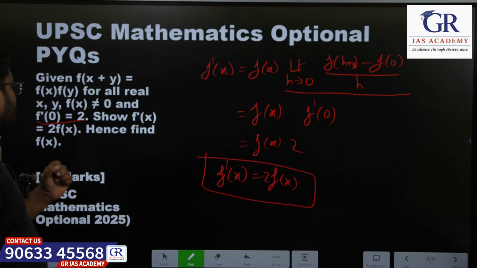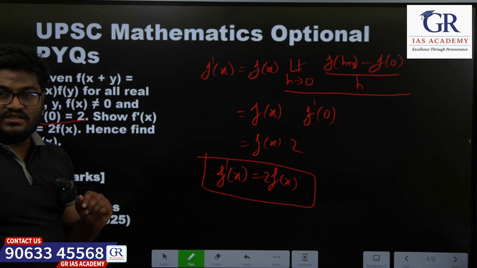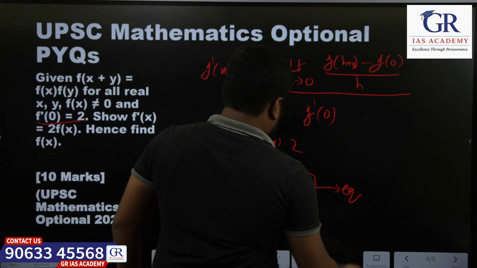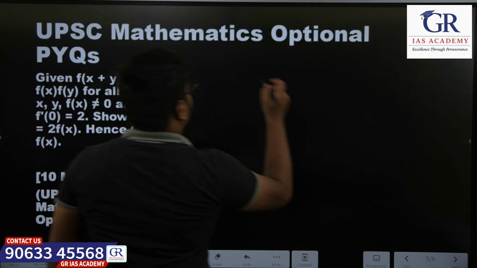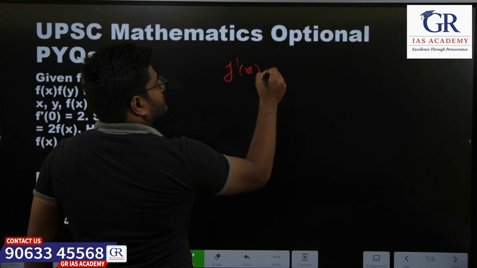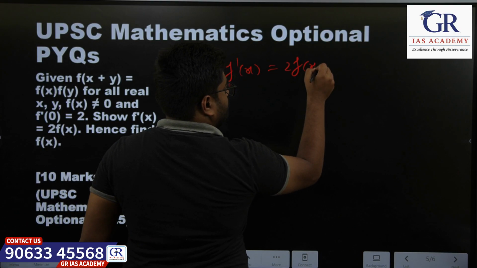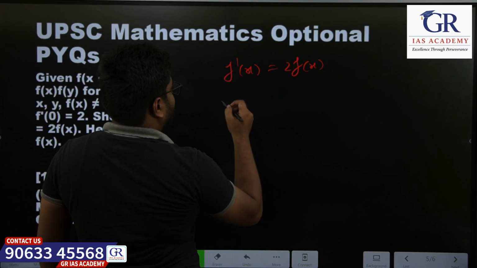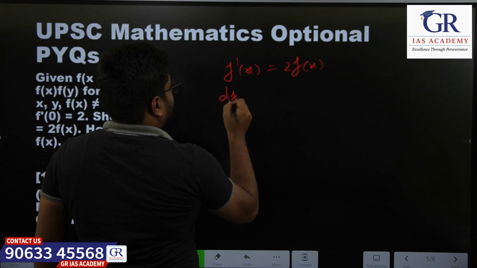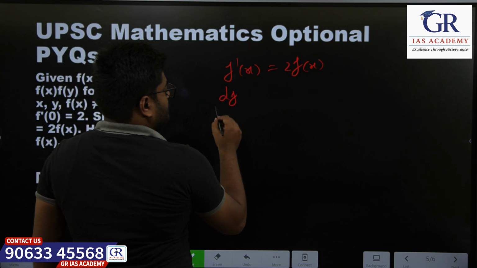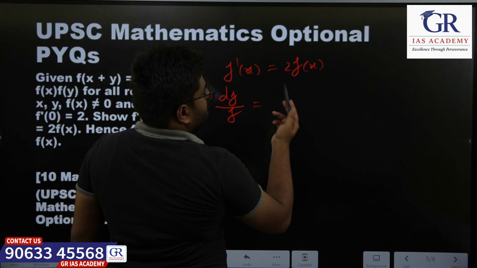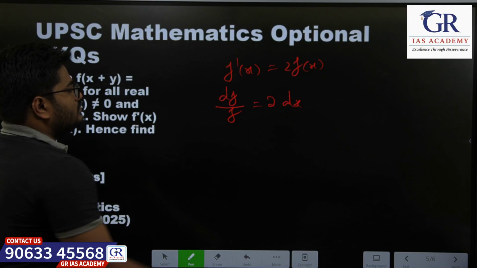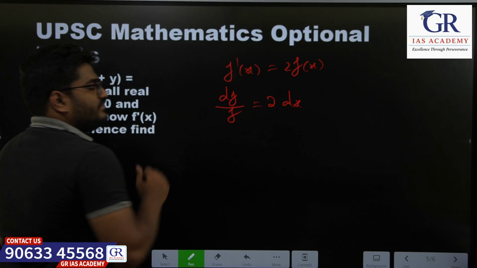So what do we need to find right now? Hence, find f of x. Now let's find f of x from this equation itself. f dash of x equals 2 f of x. Right? So now let's send f of x here. So it is df by f equals 2 into dx. What is the integral of 1 by f?